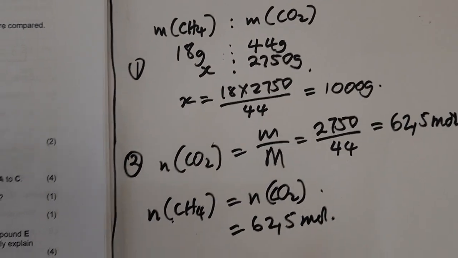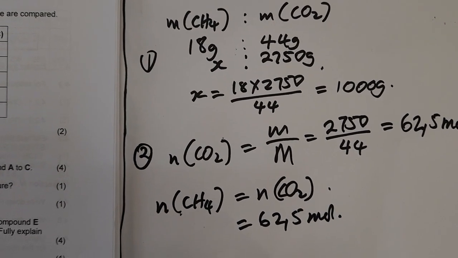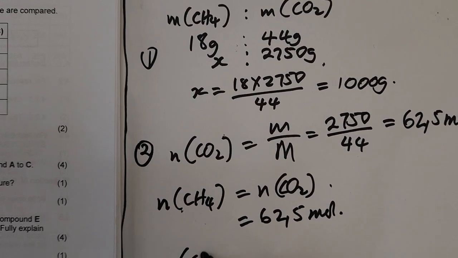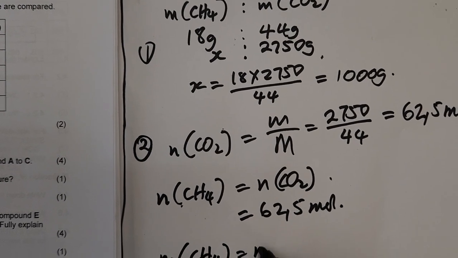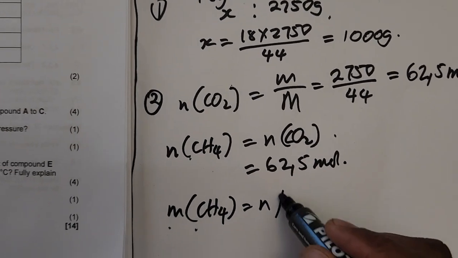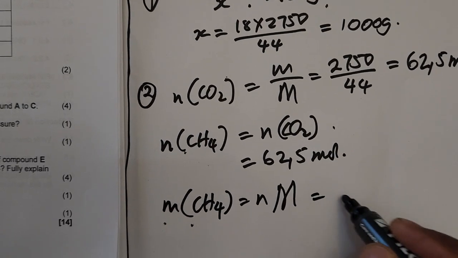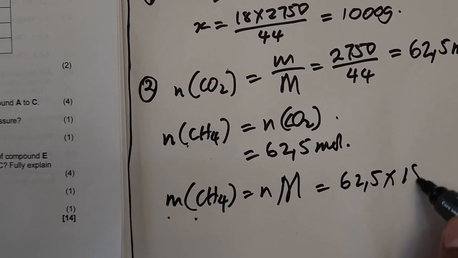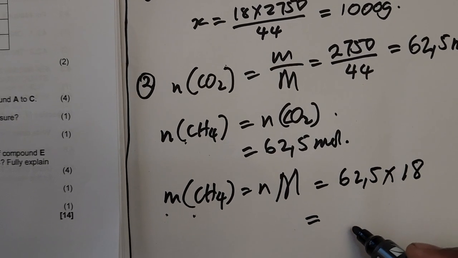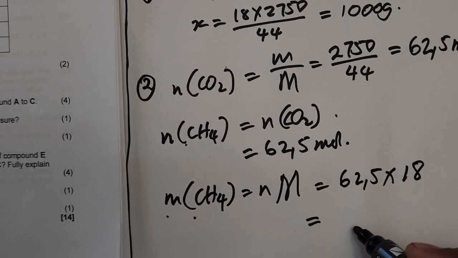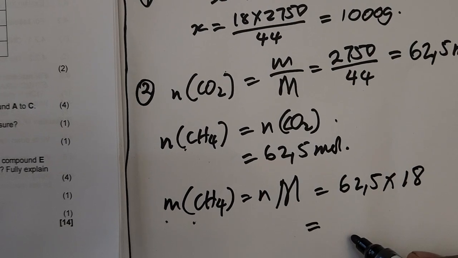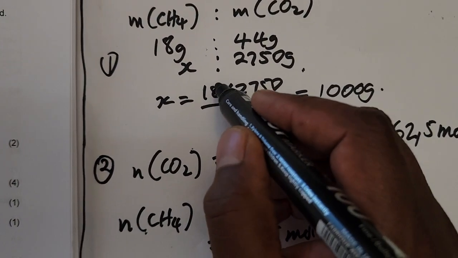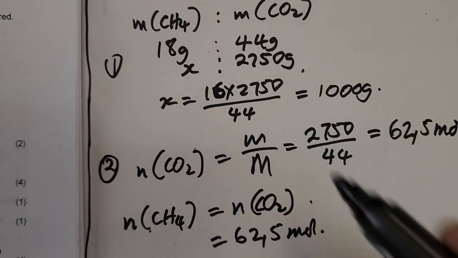Now we don't need the moles of methane, we need the mass. Then we go back to the same formula: mass of methane, CH4, will be the number of moles multiplied by the molar mass, which gives us 62.5 multiplied by 18. It's not 18, sorry, it's supposed to be 16, not 18.